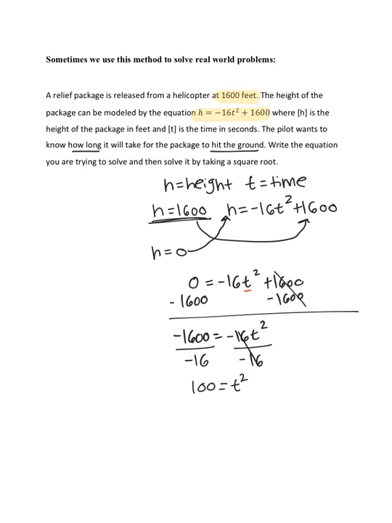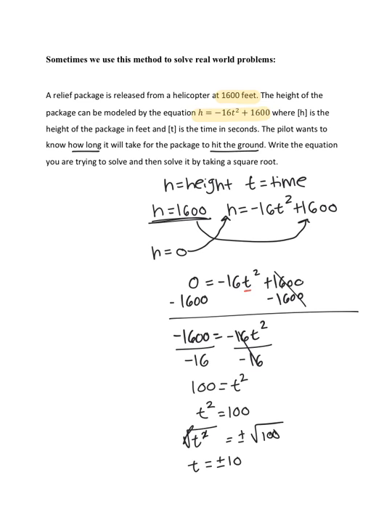So to get rid of the square symbol, I'm going to take the square root of both sides. So just so it looks the way that you're used to seeing it, I'm going to take the square root on this side, and I'm going to take the square root on this side. So these cancel. The square root of 100 is 10.